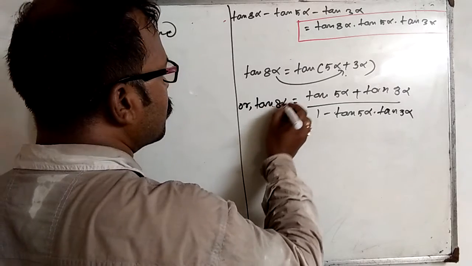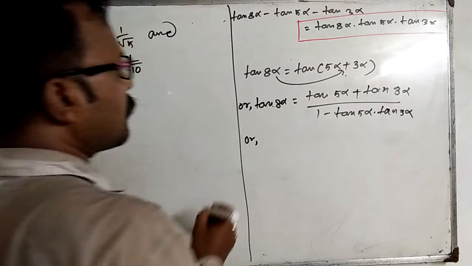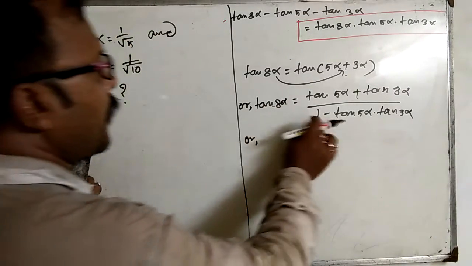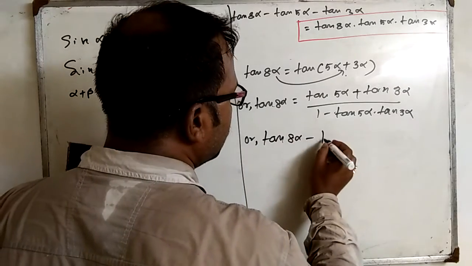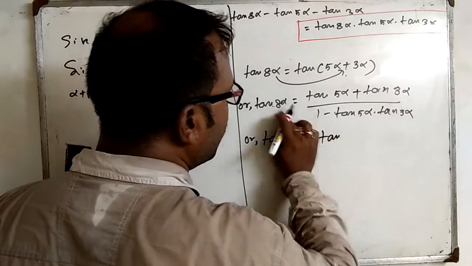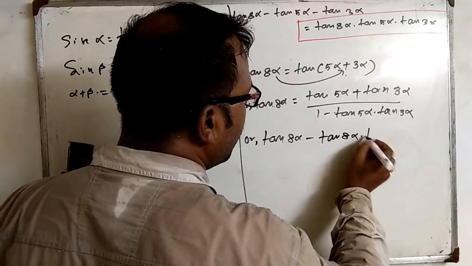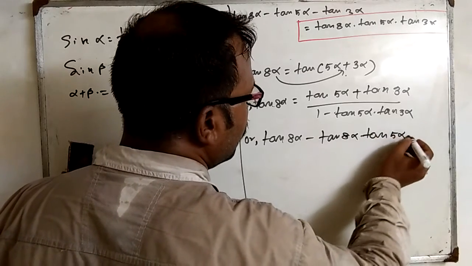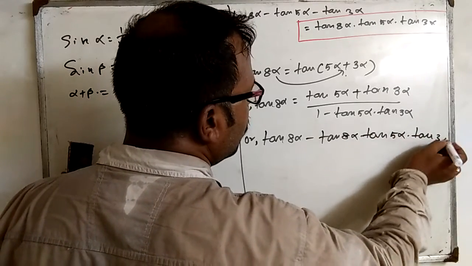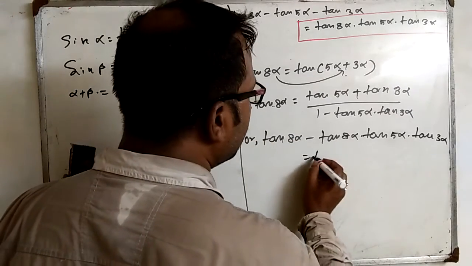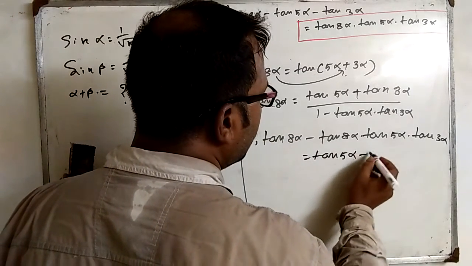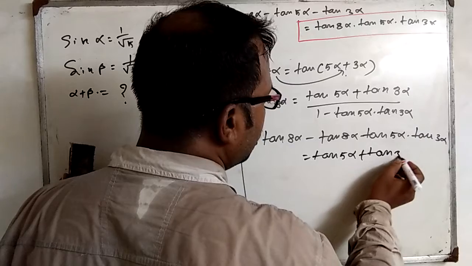Tan 8 alpha equals to. Now we multiply crosswise. Tan 8 alpha minus tan 8 alpha into tan 5 alpha into tan 3 alpha, and that is divided by 1. So we can write tan 5 alpha plus tan 3 alpha.